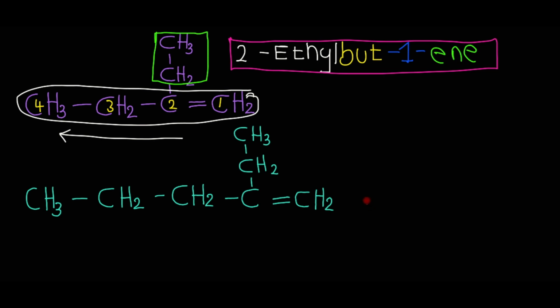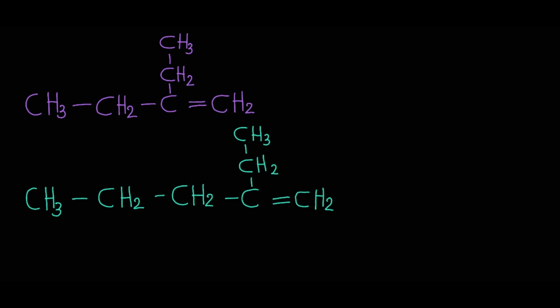What is important is that the double bond is always the priority. Let's look at the last one. We check the longest chain. This is 1, 2, 3, 4, and 5. And then let's see this one: 1, 2, 3, 4, 5.